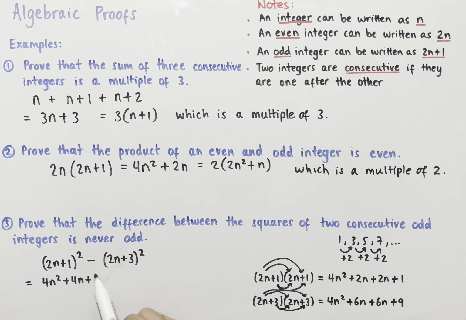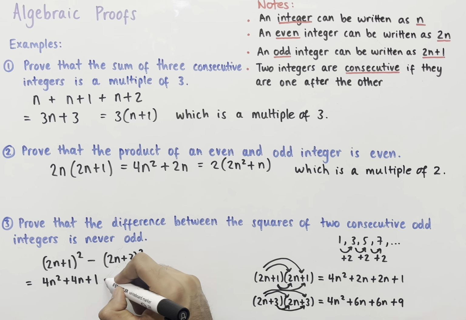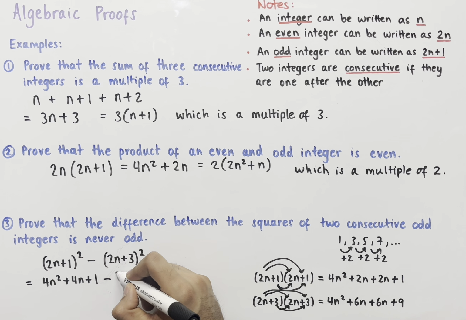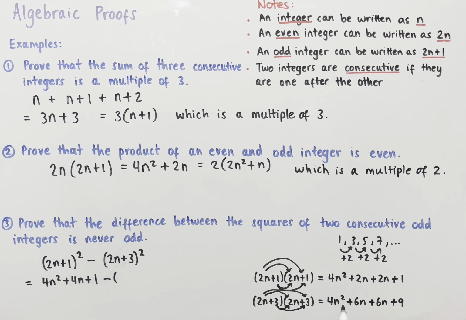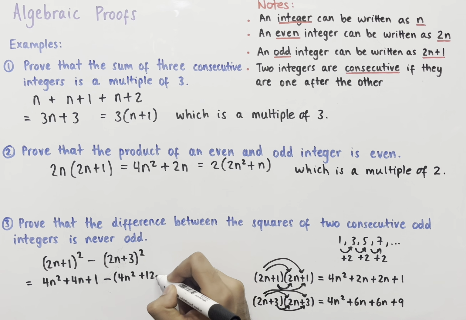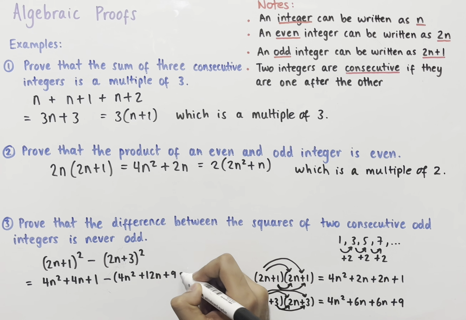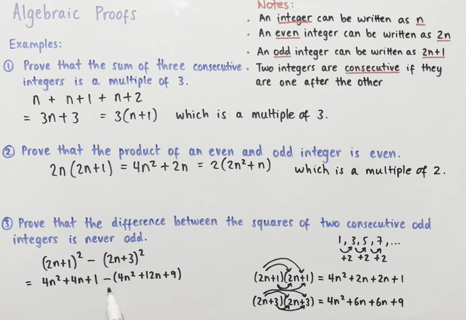We need to be careful because there's a minus sign in front of this bracket, so we write a minus, open up a bracket, and write down this expression when we collect like terms. So we get 4n squared, and then 6n plus 6n, which is 12n, and then plus 9 on the end, and now we close the bracket, since we're subtracting all of this.